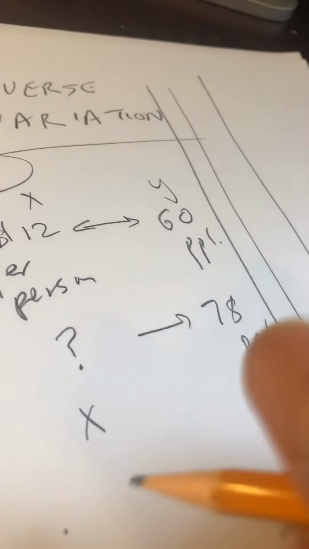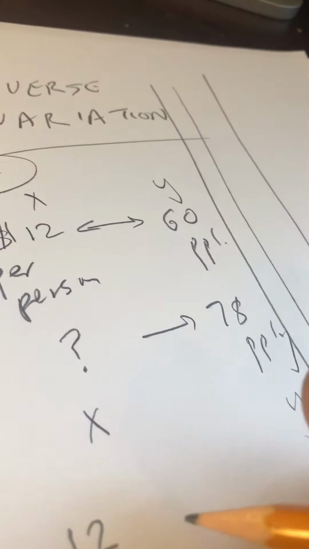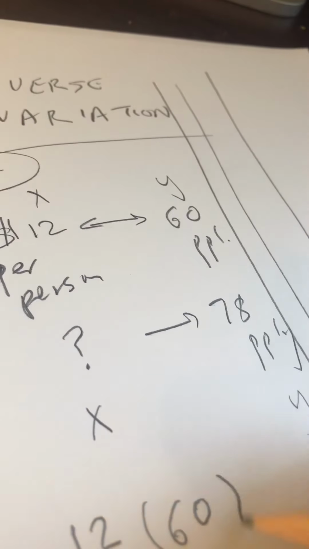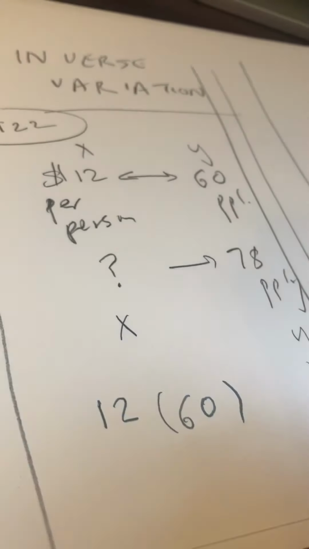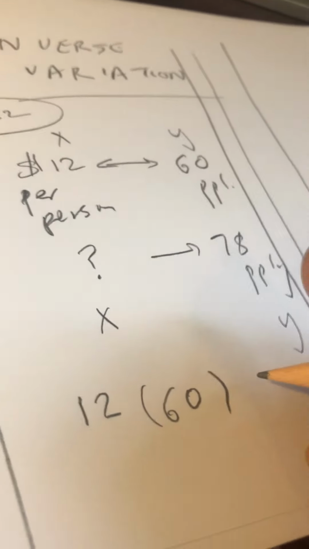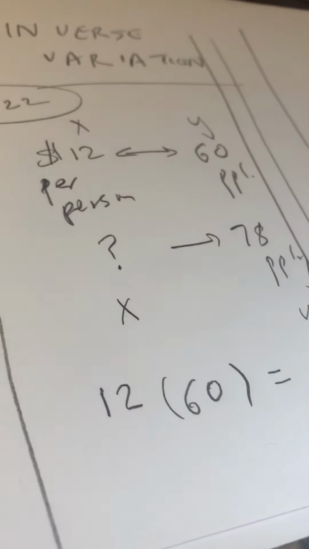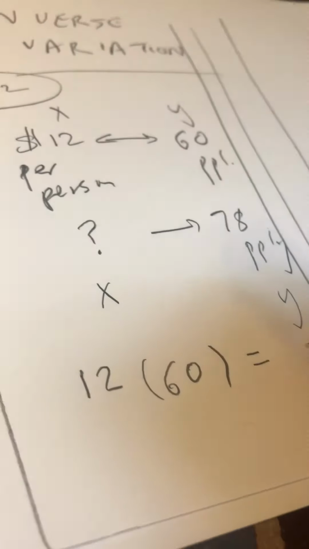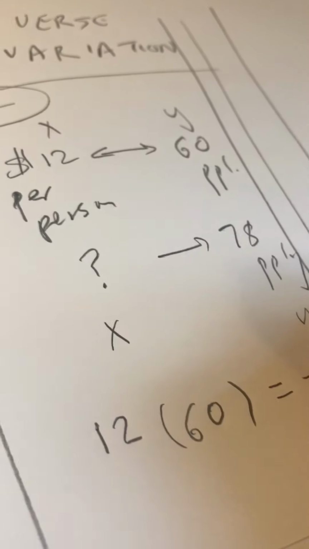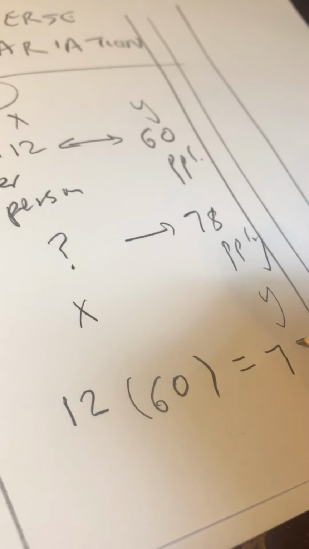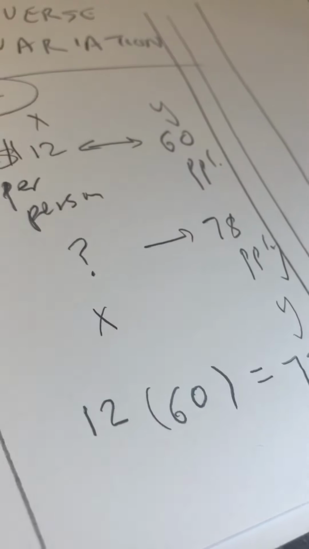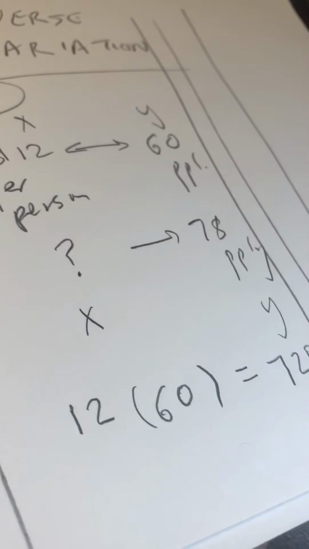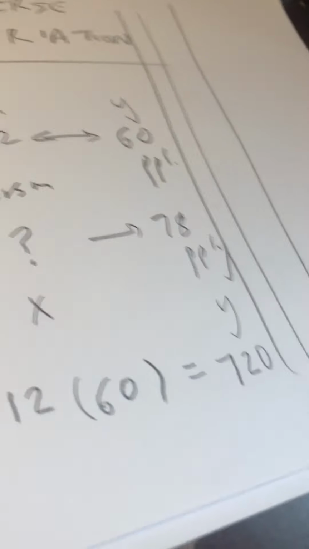So what we want here is 12 times 60 to be some constant. 12 times 60 is 720, so we're working with a constant of 720.